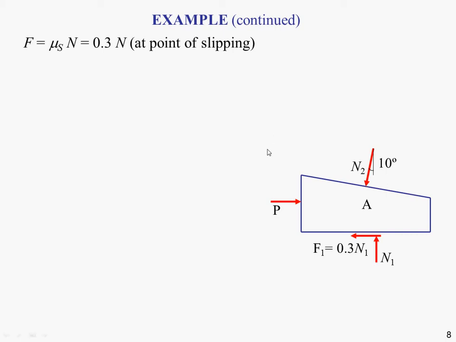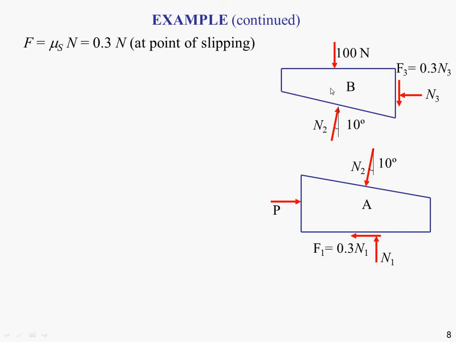Okay, so if we now draw a free body diagram of wedge B, where we have contact here with the rollers in between, the normal reaction force that we have on the top of wedge A, we have equal and opposite acting on this bottom edge of wedge B. We have the weight of the block sitting on top acting downwards of 100 newtons.